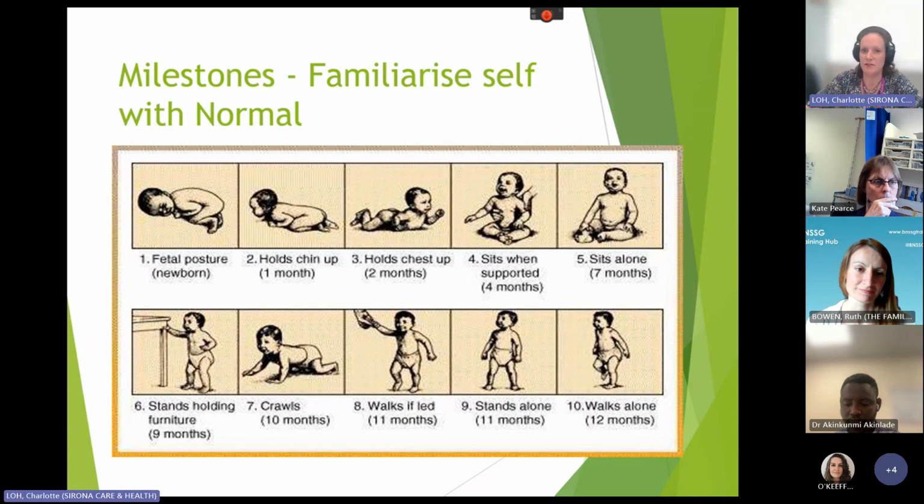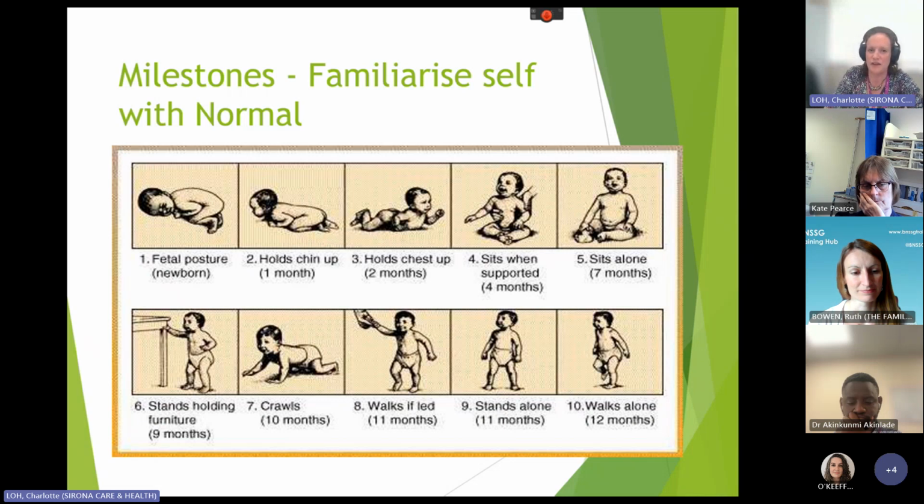So going on to milestones. I remember as a med student being told to familiarise myself with what was normal, and it felt like a massive job. Looking at milestones in isolation, for example motor milestones like this, can be quite hard to remember. It doesn't feel particularly intuitive if you don't have children of your own, and actually getting the dates right can be quite difficult.